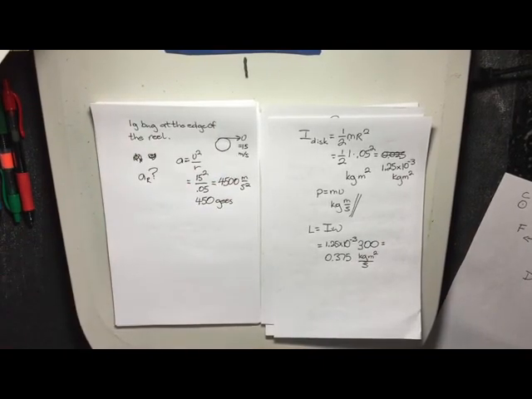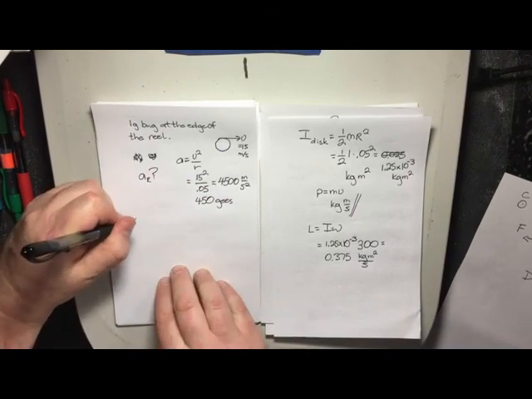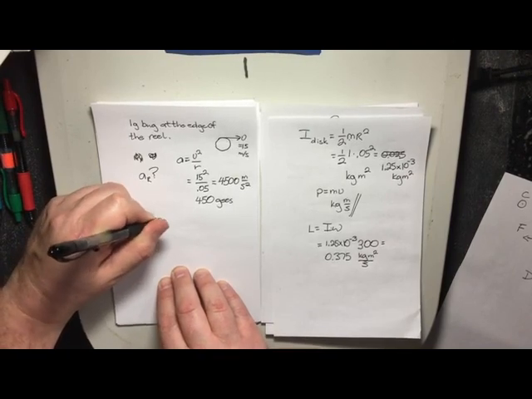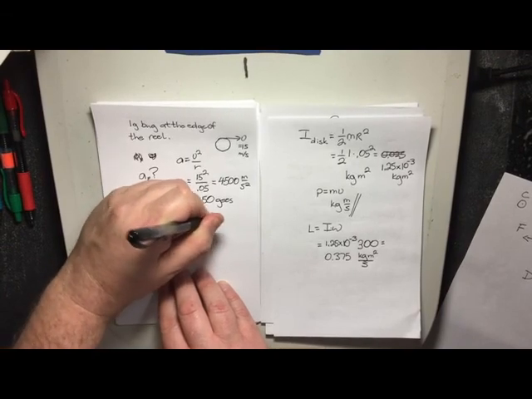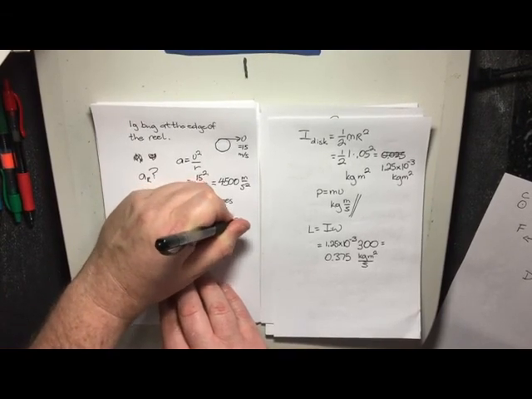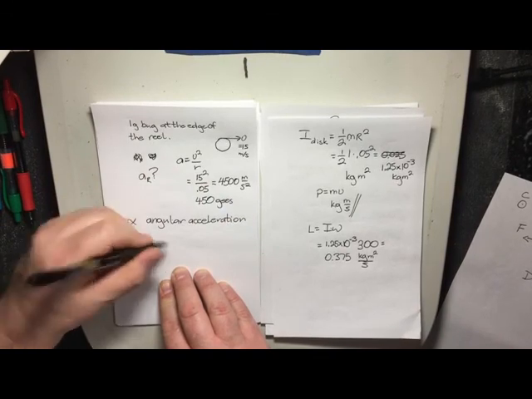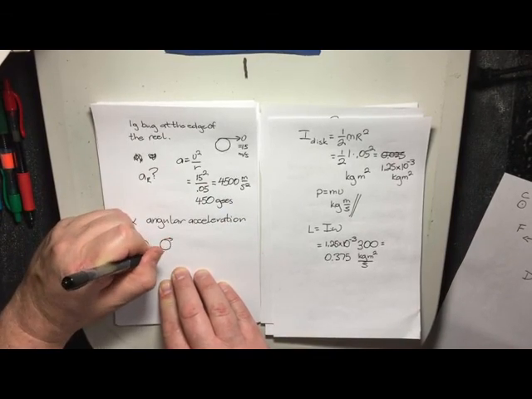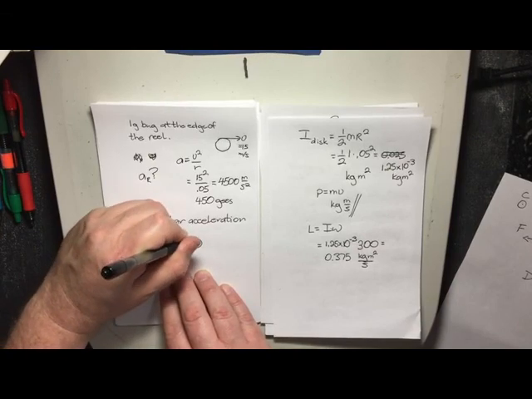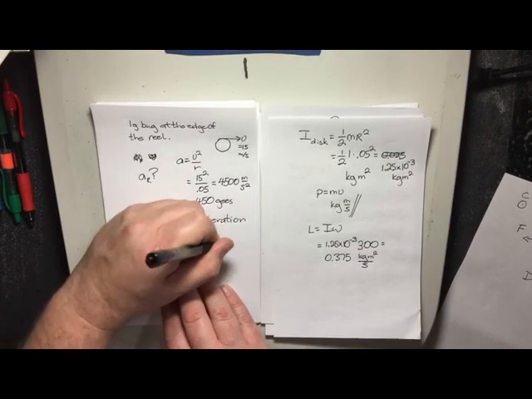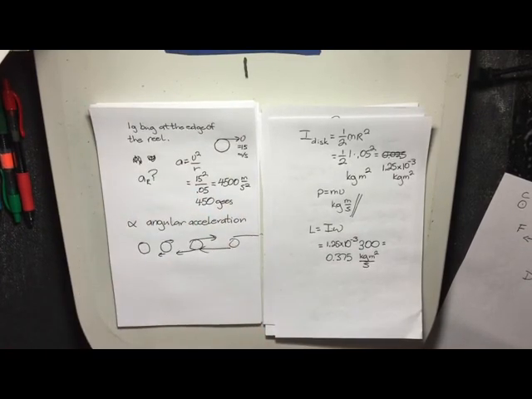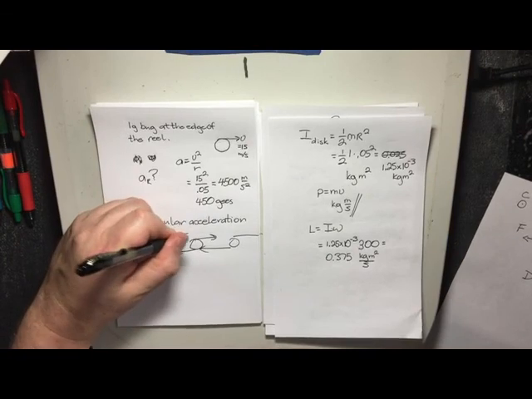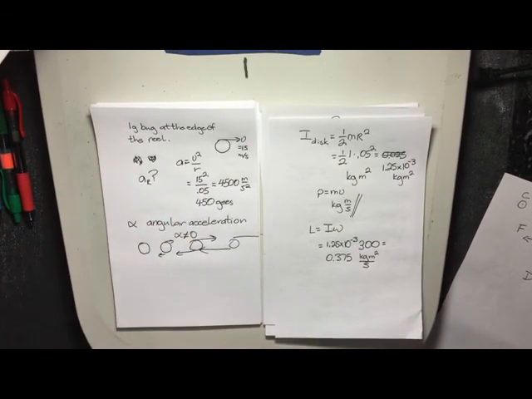AR could be numbers, but alpha is 0. Excellent question. Alpha is angular acceleration. If you had a wheel that was spinning up, the alpha is non-zero.